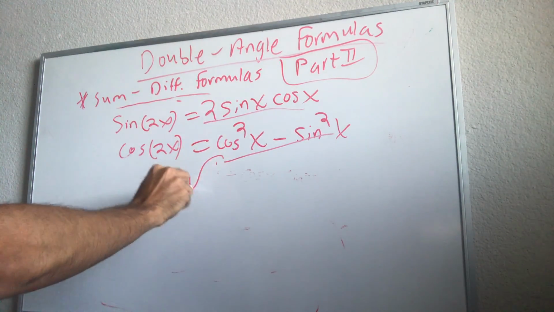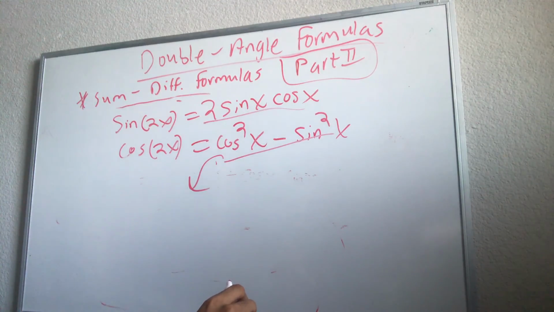However, you will see that when you are trying to solve trigonometric equations, or trying to prove one side is equal to the other, it's important to understand that you can write this in other ways.